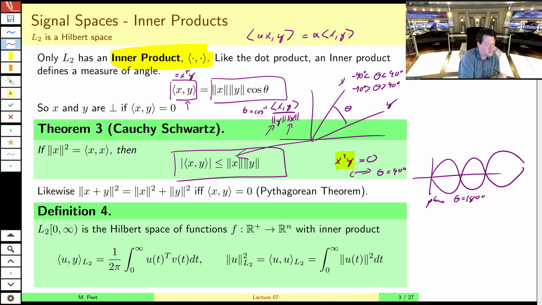If we define the norm as the inner product of a vector with itself, then the absolute value of the inner product of any two vectors, because remember this can be negative, has to be less than or equal to the norm of x times the norm of y. And that ensures, of course, that this term right here is between -1 and 1.